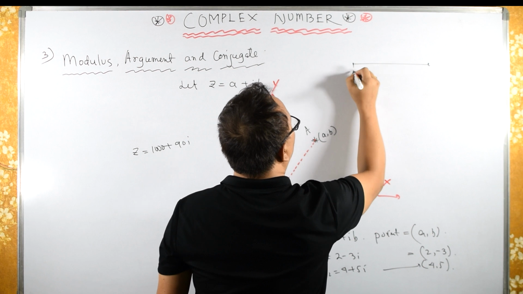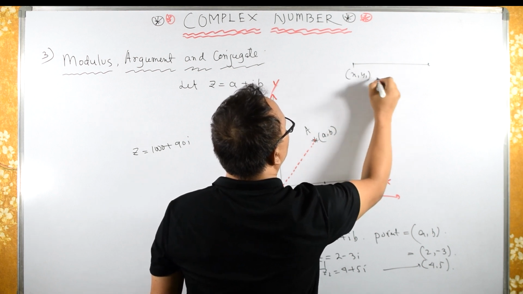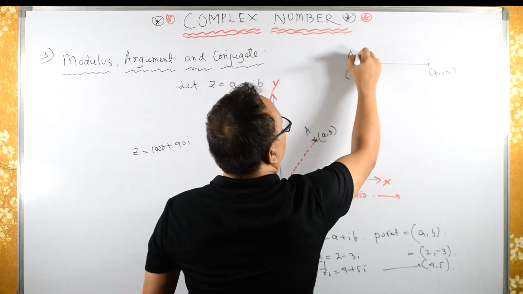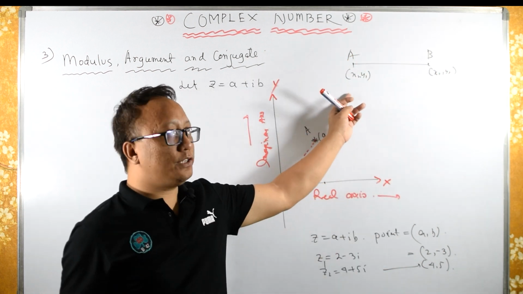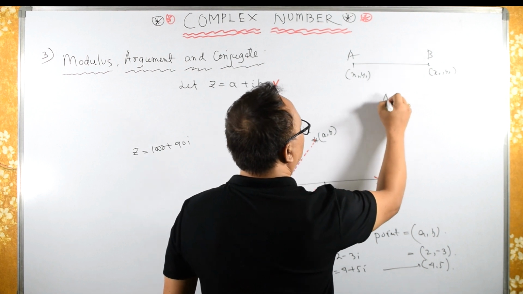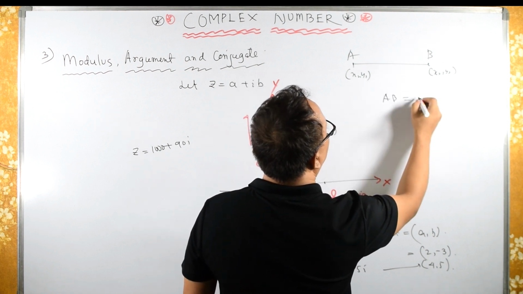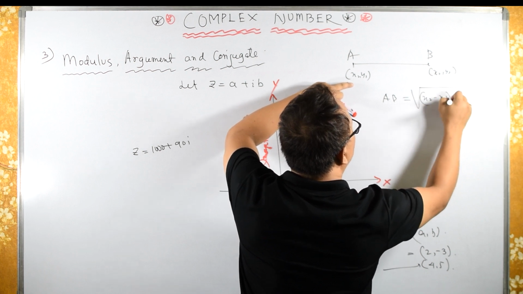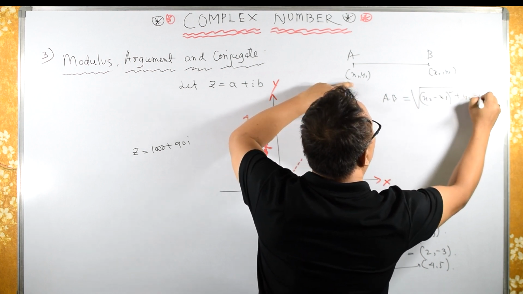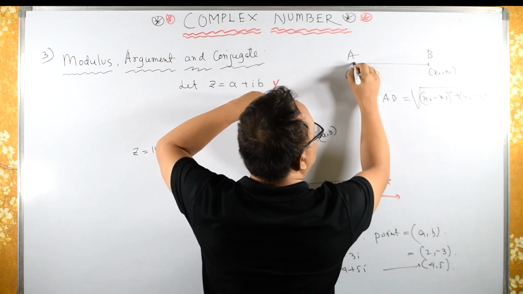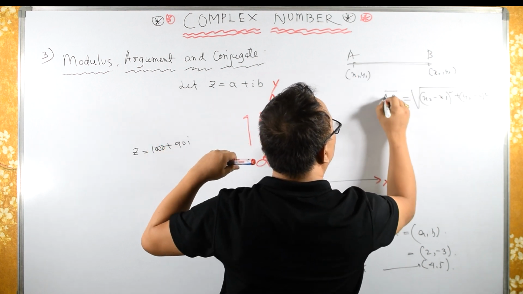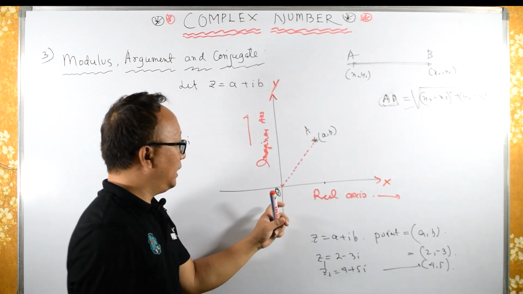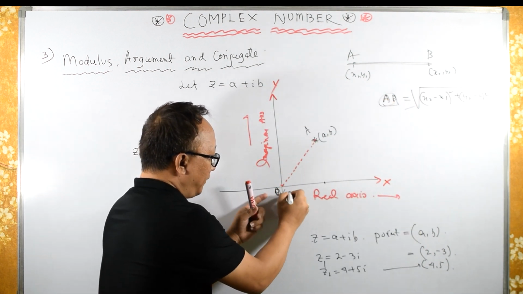If we have 2 points x1 y1 and x2 y2, the distance between these two, AB, is given by the square root of x2 minus x1 whole square plus y2 minus y1 whole square. Similarly, the origin is 0 comma 0.